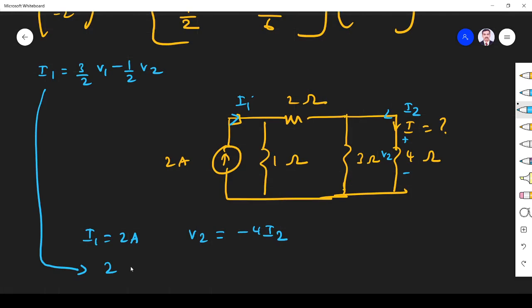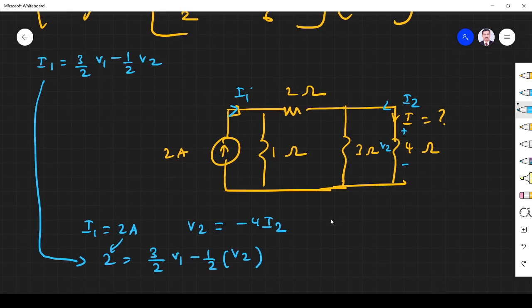I1 is 2 ampere as per this, so 2 is equal to 3 by 2 V1 minus 1 by 2 V2. This is my new equation.